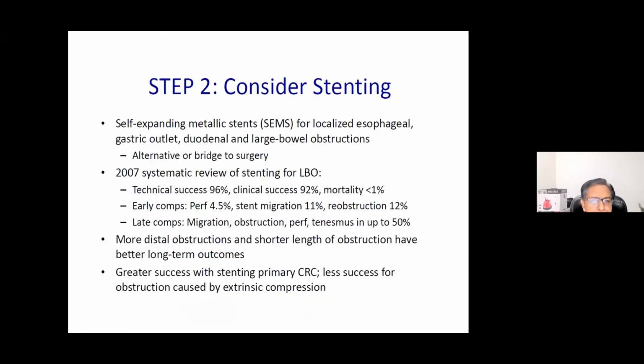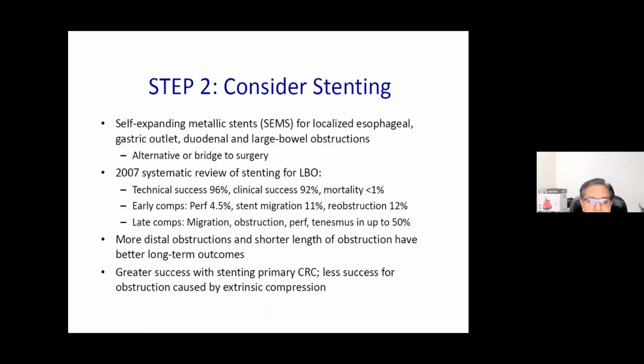In some situations, we can consider placement of stent for symptom relief, and the self-expanding metallic stents remain one of the options that can be considered, especially in gastric outlet obstructions or duodenal or large bowel obstructions. The more distal obstruction and shorter length of obstruction have a better outcome as compared to multiple obstruction sites or a long length of obstruction.